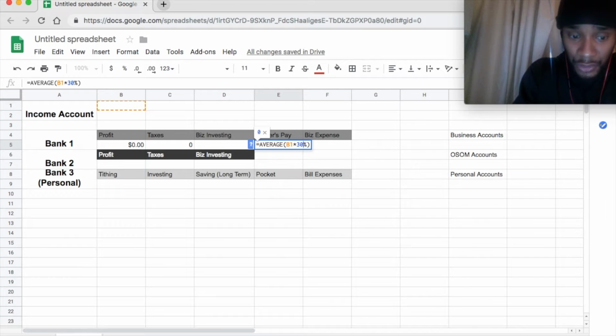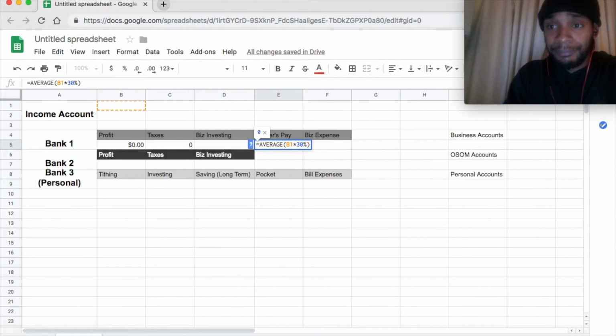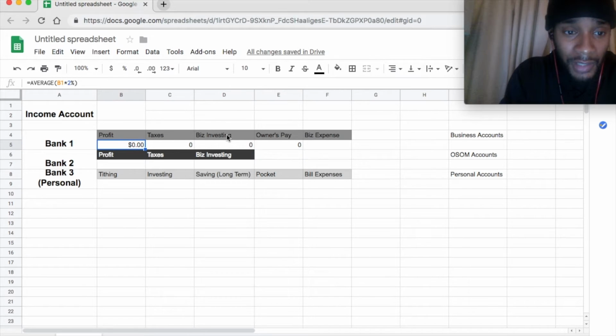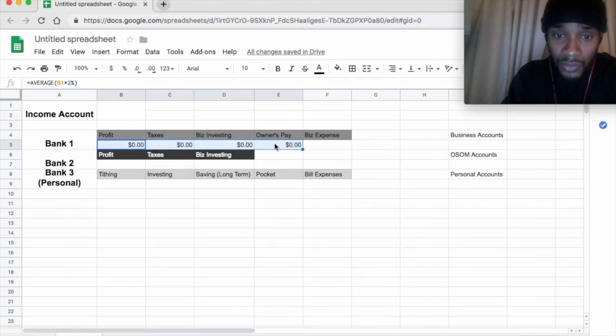But definitely as your business traffic increases, you definitely want to increase your owner's pay. Because if you can get your owner's pay up to 50, 60%, that's awesome, when you're getting most of your money rather than just taking 30 off the top. And of course, we're going to put all these into a dollar amount. So as soon as that money comes in here, it goes straight into the owner's pay.